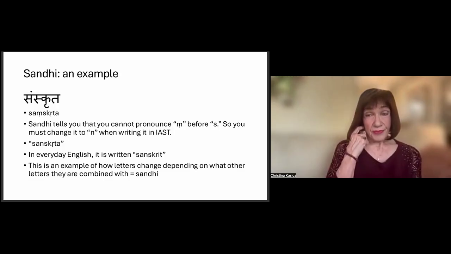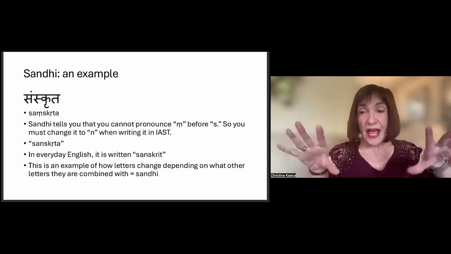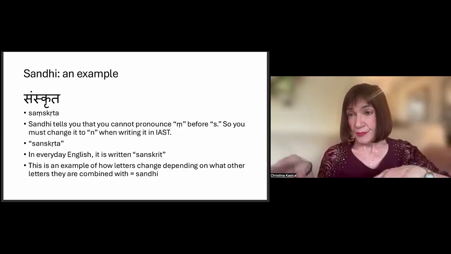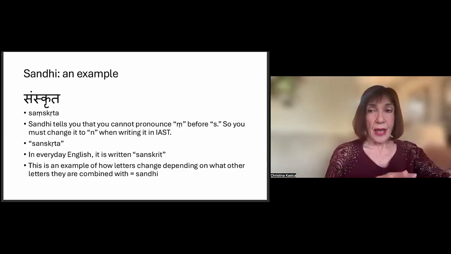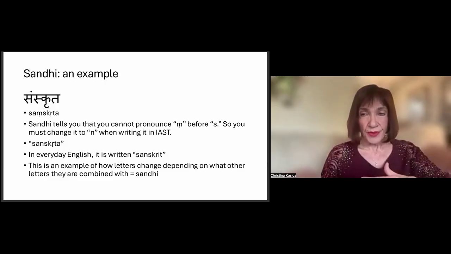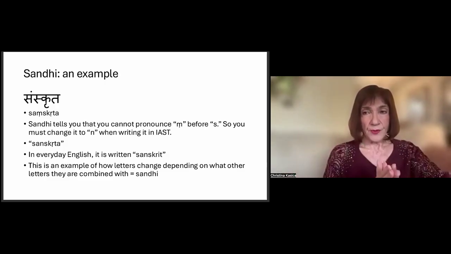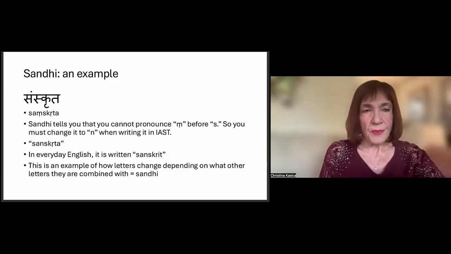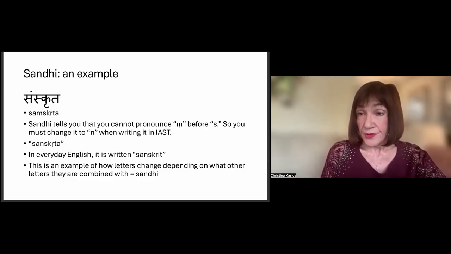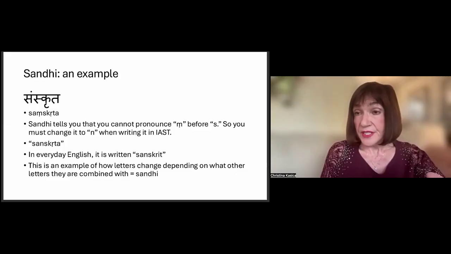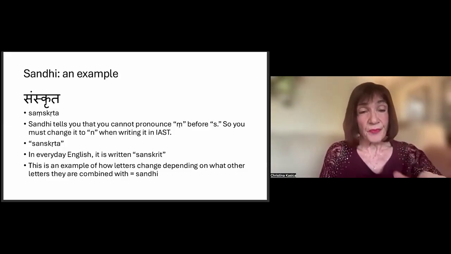Exactly. Now, in one or two more lessons, we will learn about the M's and the N's and what letter the M changes into. It's not always a dental N. It is in Sanskrta, because that S that follows the M is a dental sibilant. We'll learn that today.